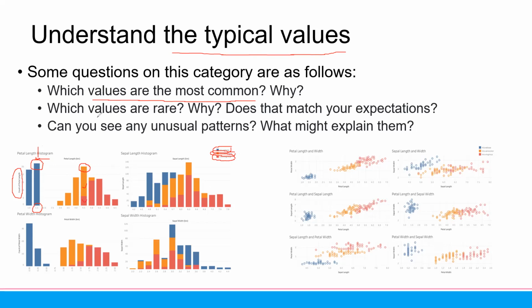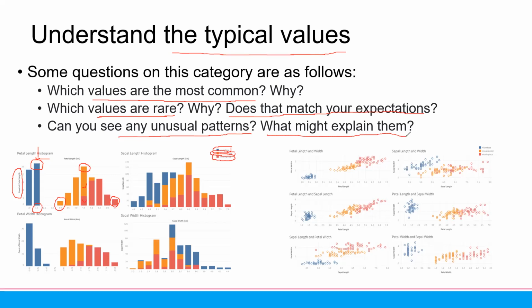We can also see which values are rare. Maybe this is a rare value. This is a rare value. And why? Does that match your expectation? Can you see any unusual patterns? What might explain them?